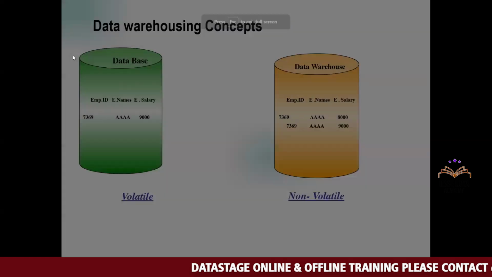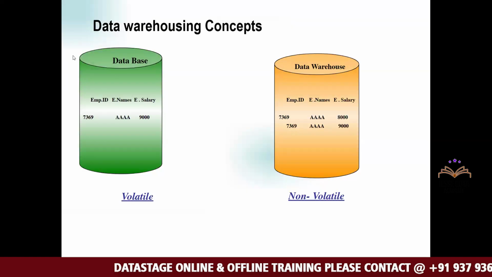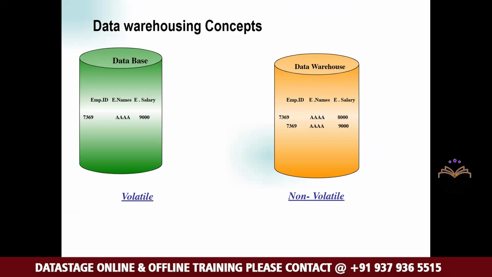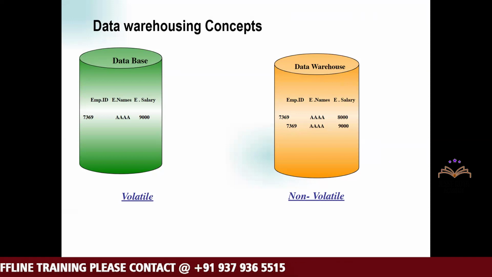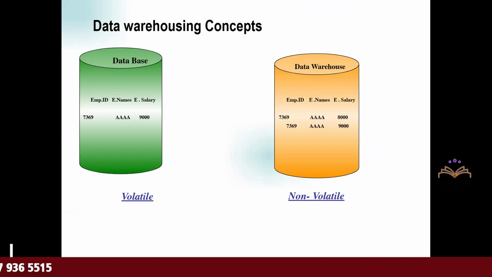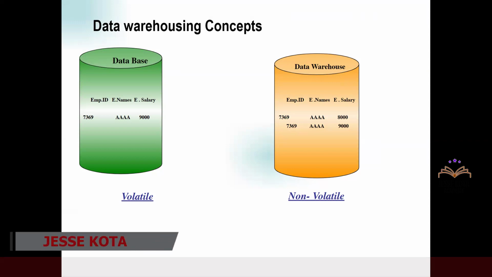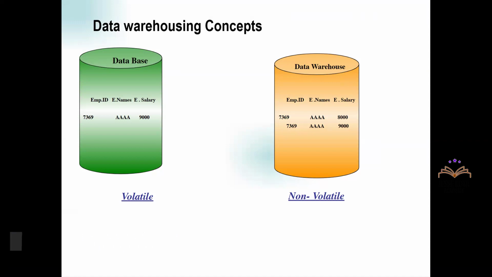The next one is an example of time variant. What is the difference between a database and a data warehouse? In a database, an OLTP system, every transaction overwrites the existing amount.